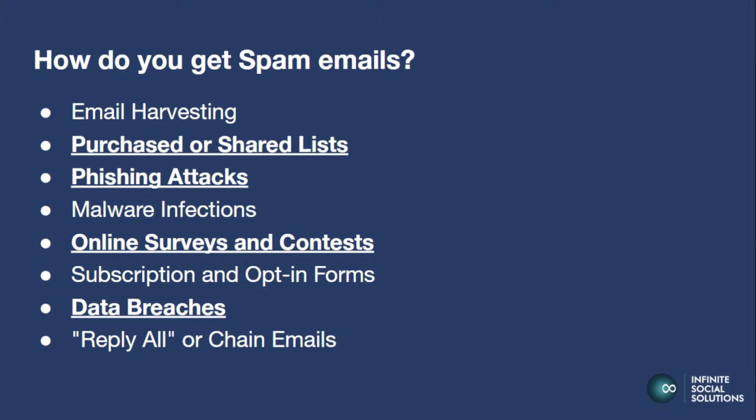Subscription and opt-in forms. Again, a reputable company will give you the option to opt out when you sign up for a subscription and stuff like that. But even still, in the fine print, they are collecting your data. Especially with phone apps and things like that.